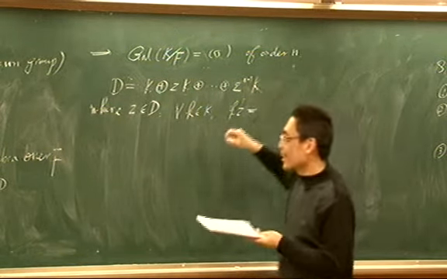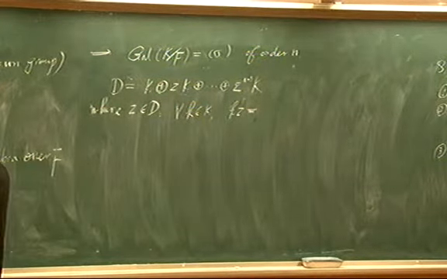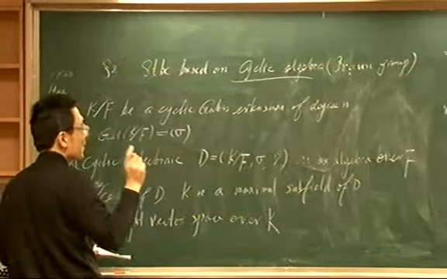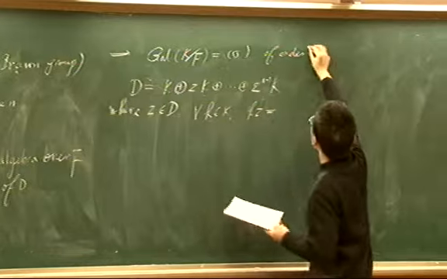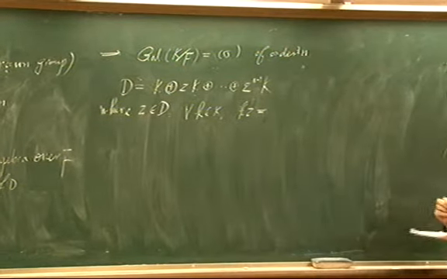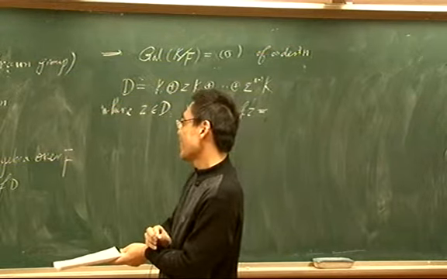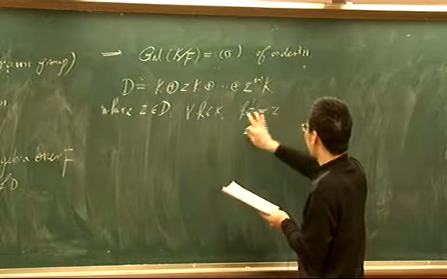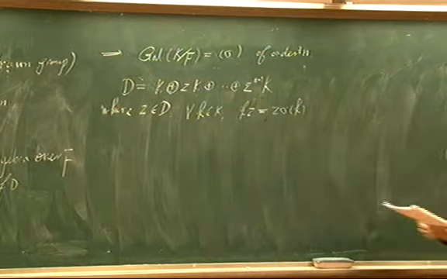z is sigma on K, which is the gamma action.